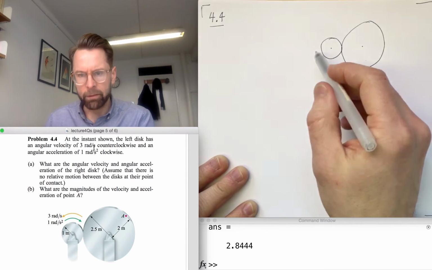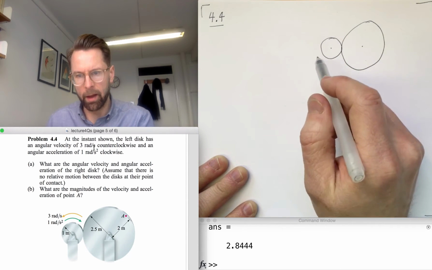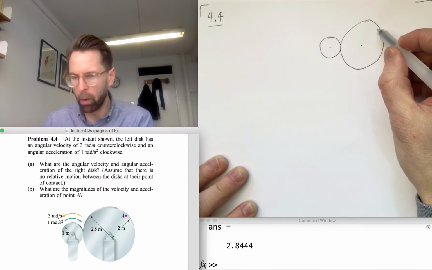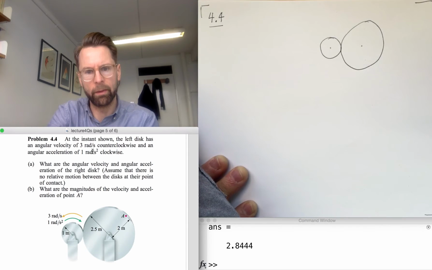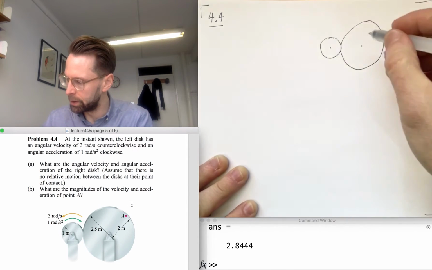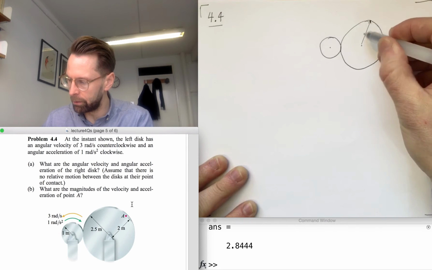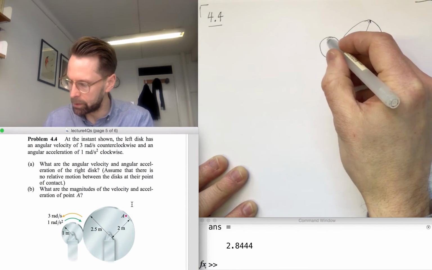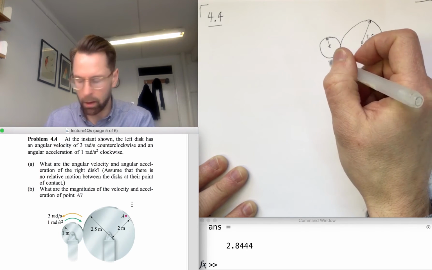I won't draw point A yet because that's only relevant to part 2 of the question. The diameter of this disc is 2.5 meters. The diameter of this disc is only 1 meter.